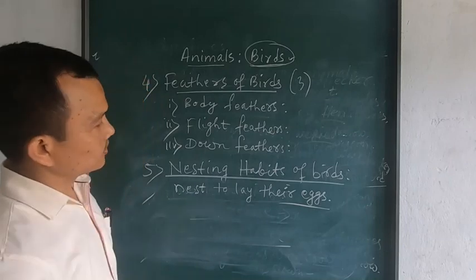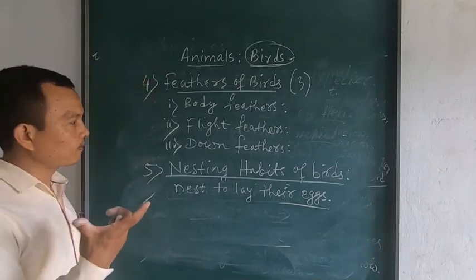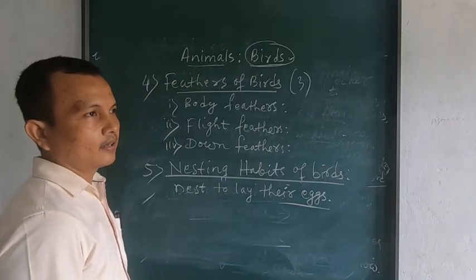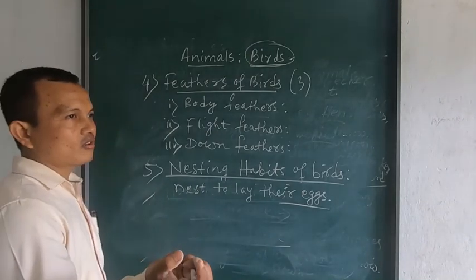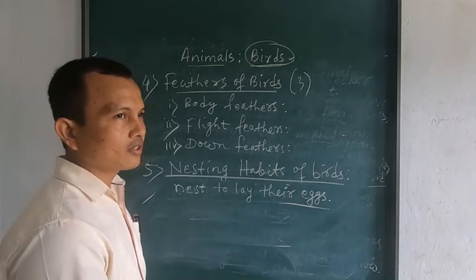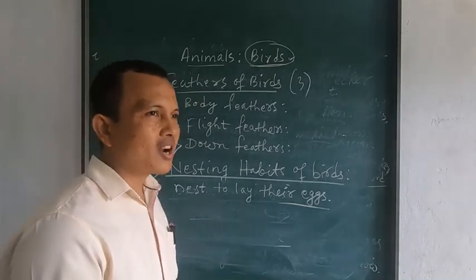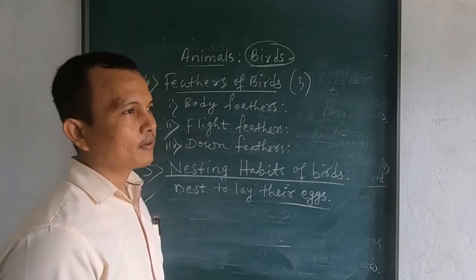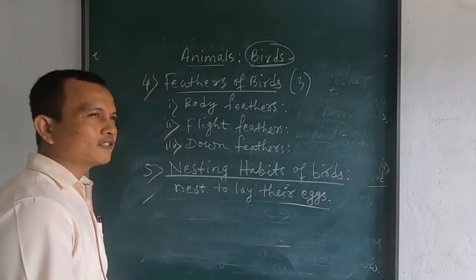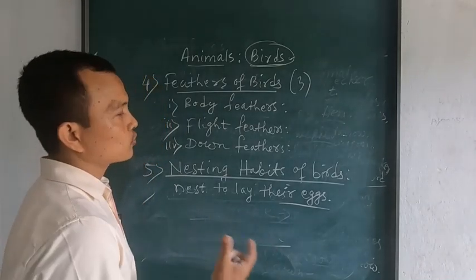And how do they build their nest? Usually most of the nests are built with collections of twigs, small branches of trees, cotton, some dry leaves, pieces of paper, wool, thread, and so on.